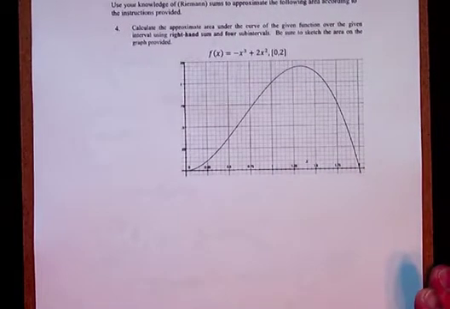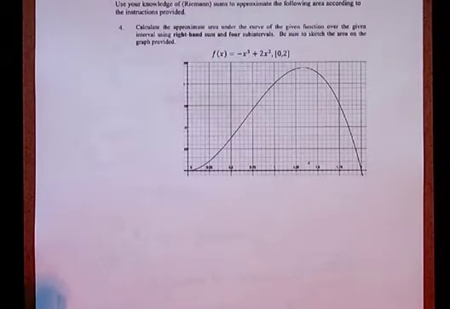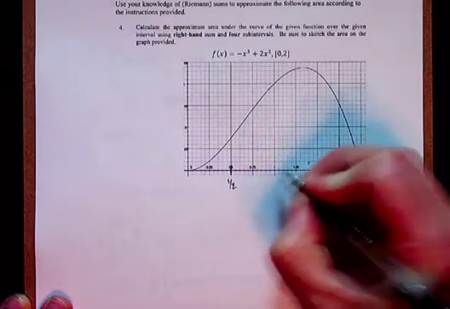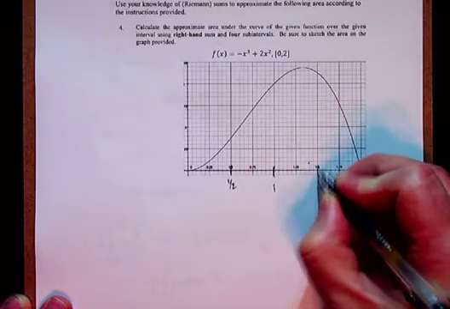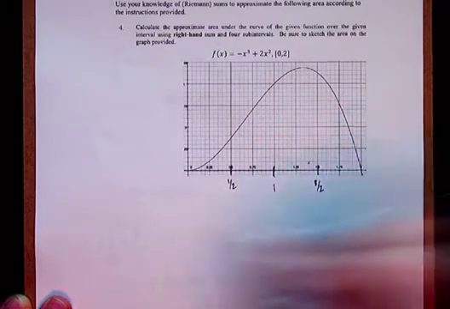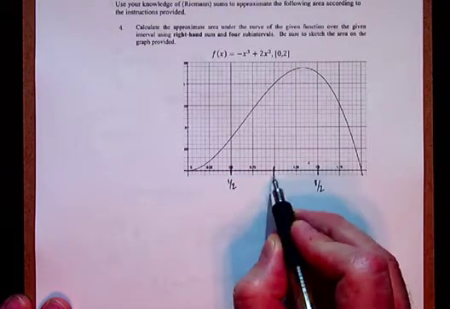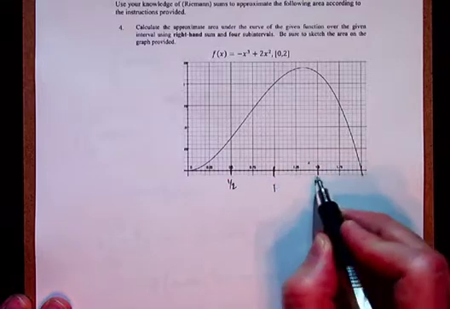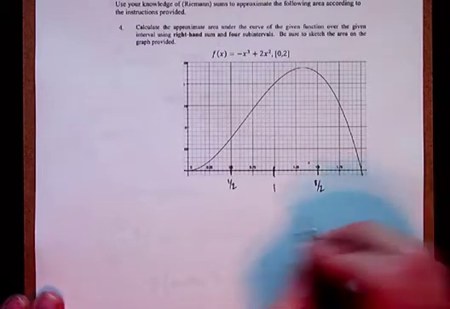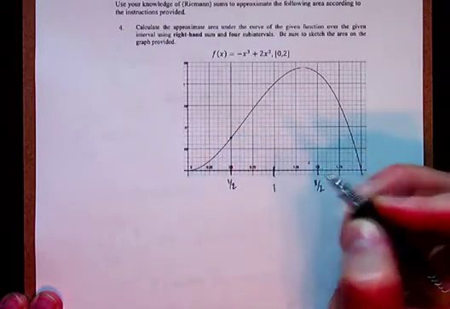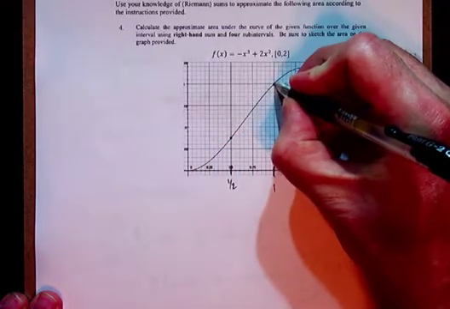So we go 1/2, 1, 3/2, and from 0 to 1/2 is your first subinterval, from 1/2 to 1 is your second subinterval, then the third subinterval, the fourth subinterval, and I'm using the value on the right-hand side to define the height of each of those subintervals.